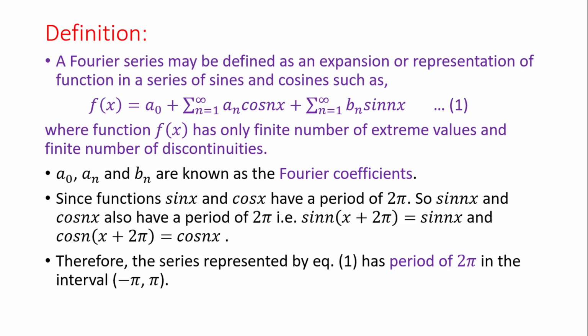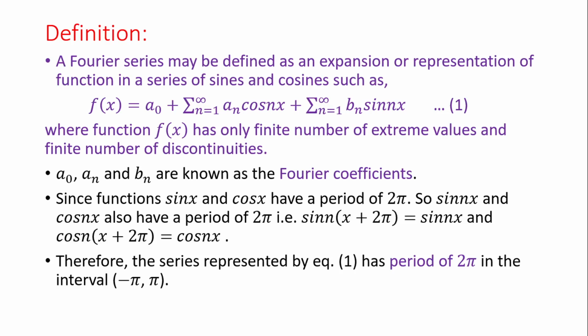So this was the definition. Fourier series is defined as a representation or expansion of a function in terms of sines and cosines, written as f(x) equal to a0 plus summation n equal to 1 to infinity an cos nx plus summation n equal to 1 to infinity bn sin nx, where f(x) has only a finite number of extreme values and a finite number of discontinuities.